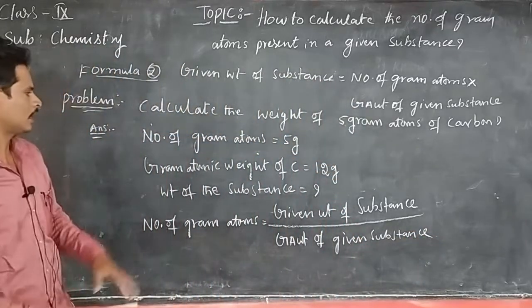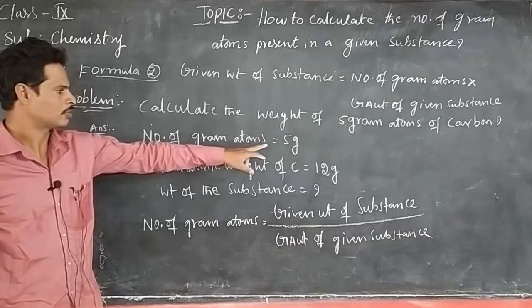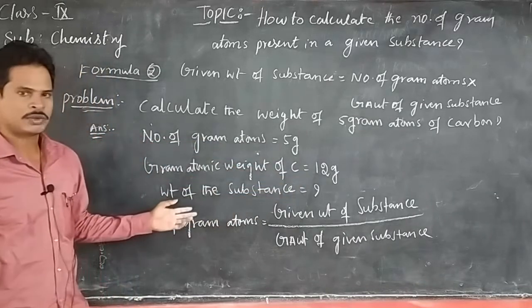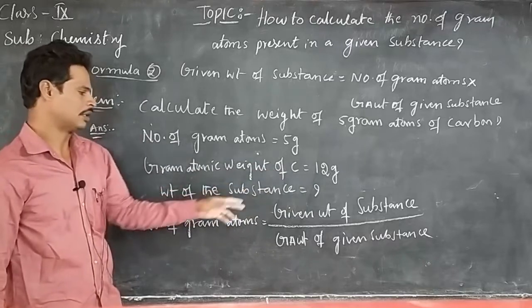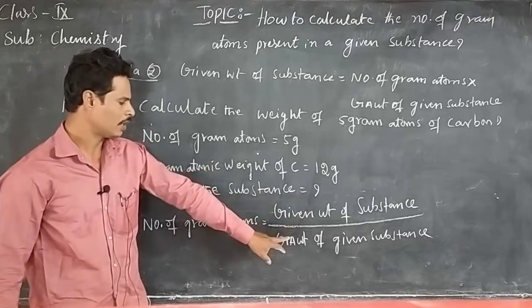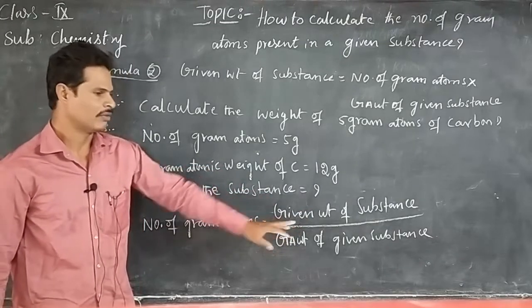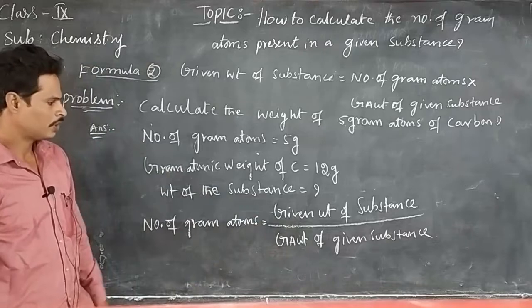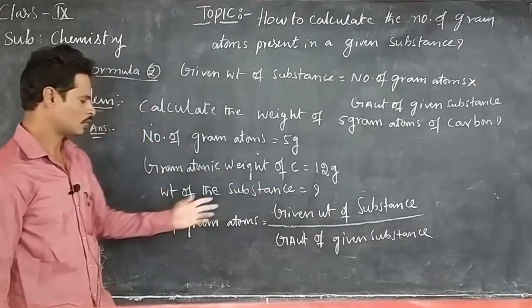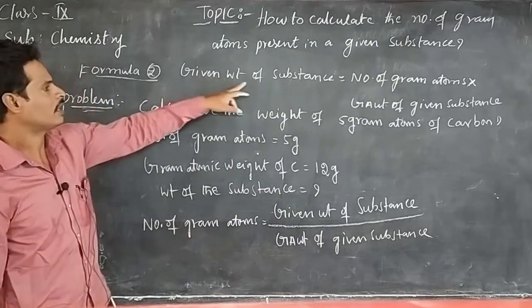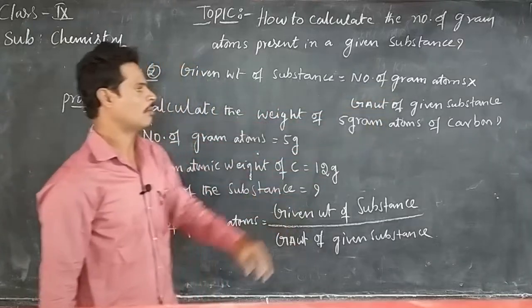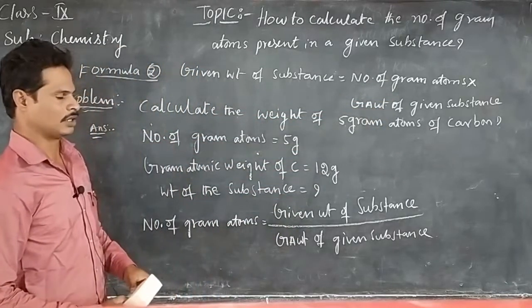Here we know the number of gram atoms and the gram atomic weight of carbon. Which one we don't know? The weight of the substance. Since we need to calculate the given weight of substance, the formula should be changed: given weight of substance equals number of gram atoms into gram atomic weight of substance.